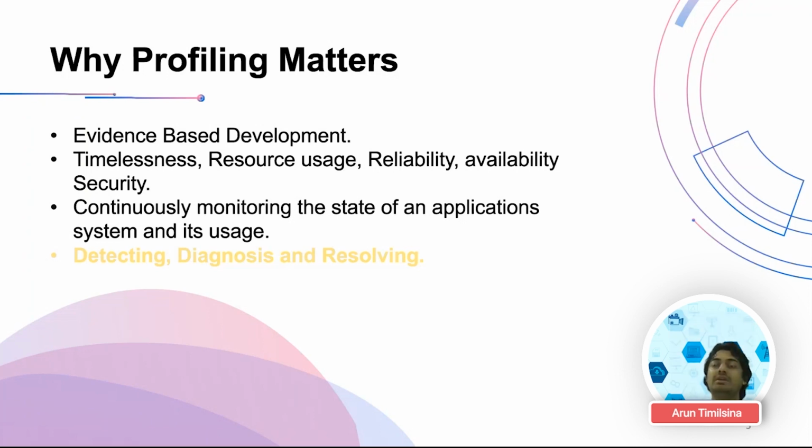Why the algorithm applied to this code should be changed, or why the pattern should have been different, or whether the process can be divided into multiple code blocks or concurrent processes that can run in parallel, and so on. So profiling provides evidence for developers on what to change and where to change.